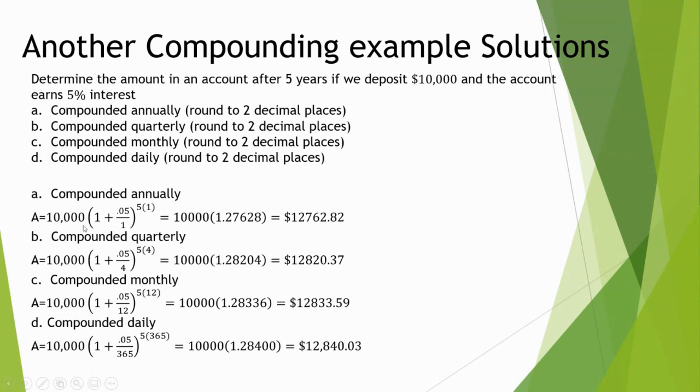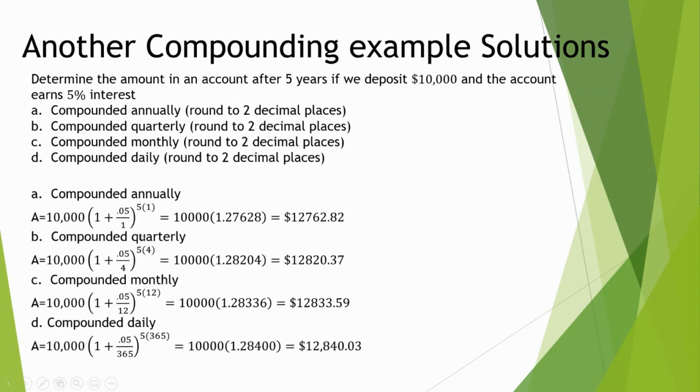Excuse me, P sub 0, the principal, in each case here is $10,000. Your r is 0.05 in each case, and 5 years, so t is 5 in each case. The only thing that's really changing here is n.